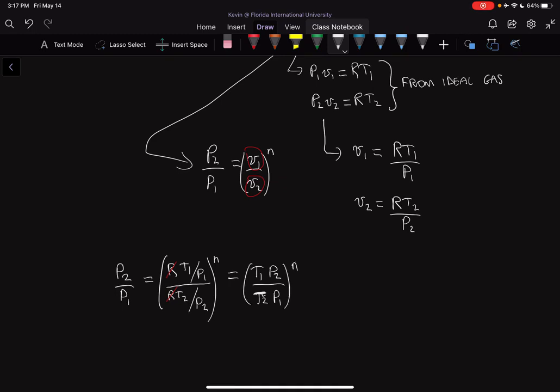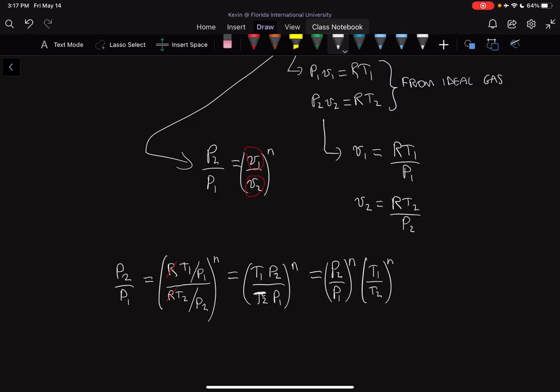When something is to the power of n, we can separate the bracket, using the mathematical manipulations we can do with powers. So this is equal to P2 over P1 to the n multiplied by T1 over T2 to the n.